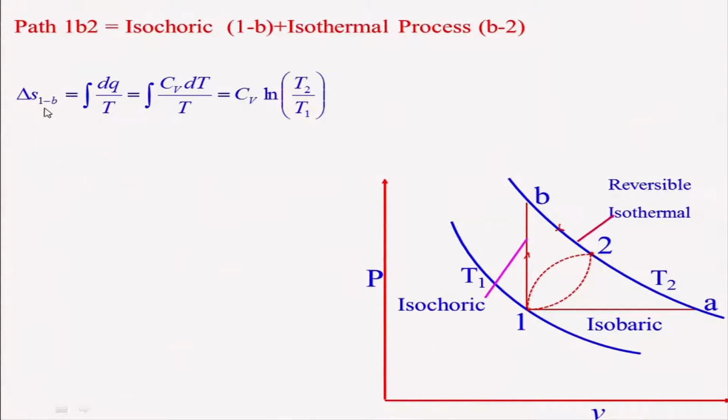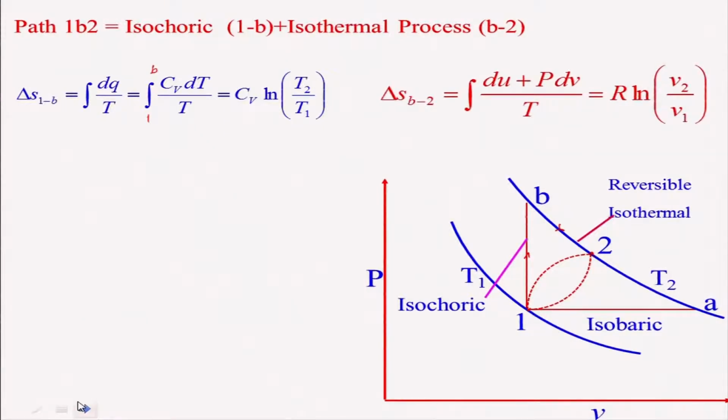The change in entropy for 1B is nothing but dq by T, and for the isochoric process dq will be the change in internal energy, that is Cv dT by T. When we integrate it between state 1 to B, that is Cv ln T2 by T1, because Tb is equal to T2.